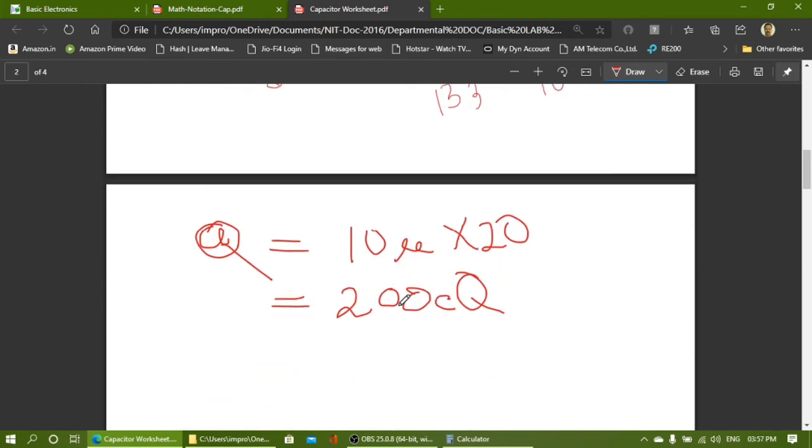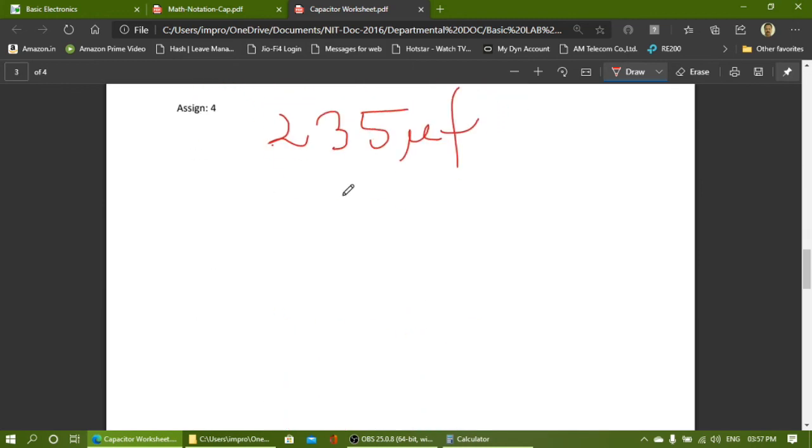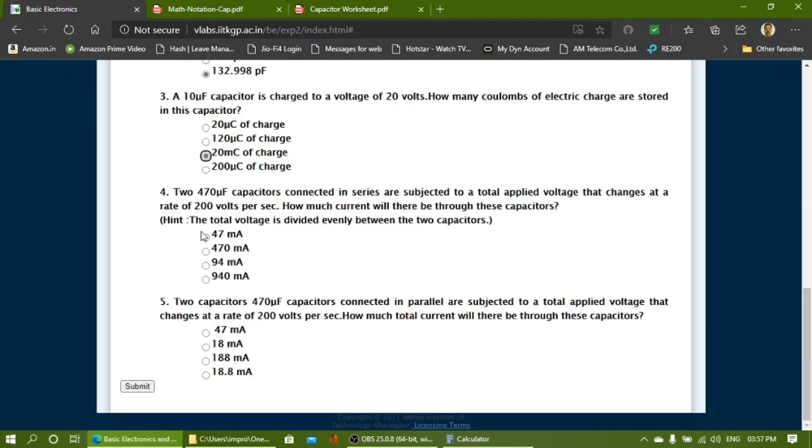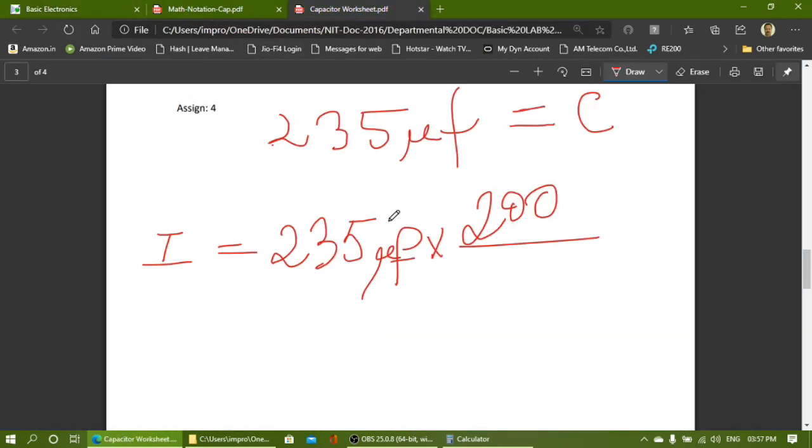So here 235 microfarad is your C. We have to find the I. So 235 microfarad, and your dV is 200, and what is dt? dt is 200 volt change per second, that means 1 second.